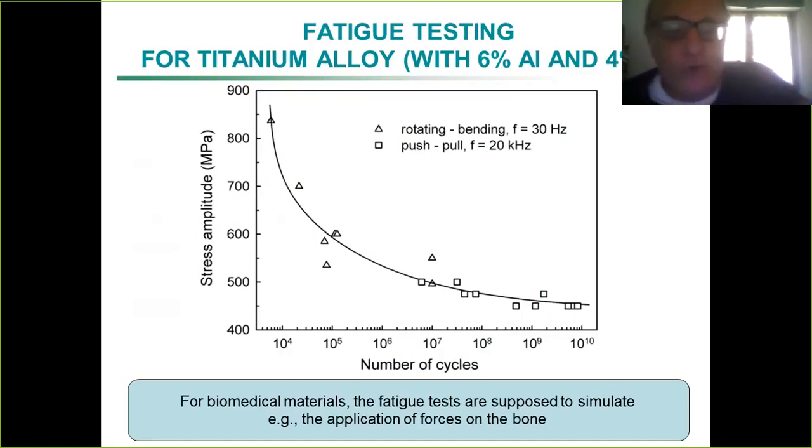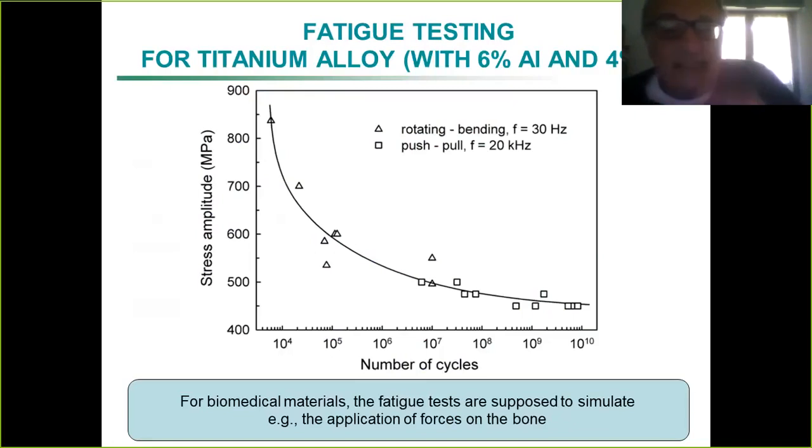So I need to know the possible stresses which are applied on the femur, or on the tibia or whatever, and after that I need to be able to make some tests.